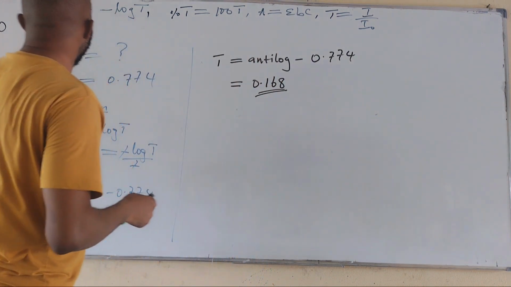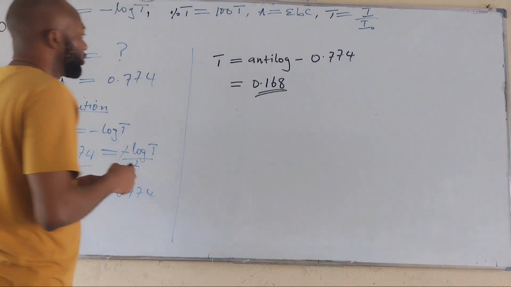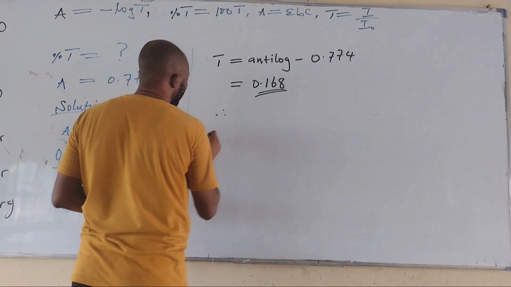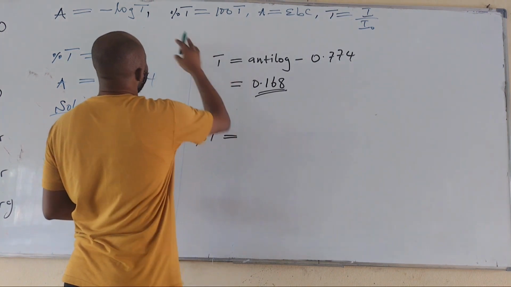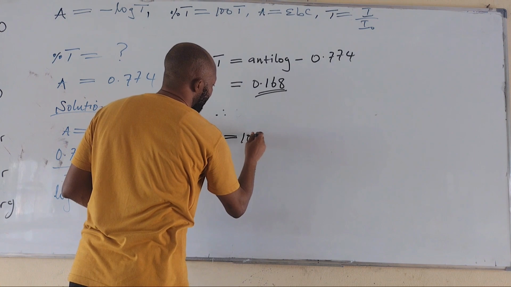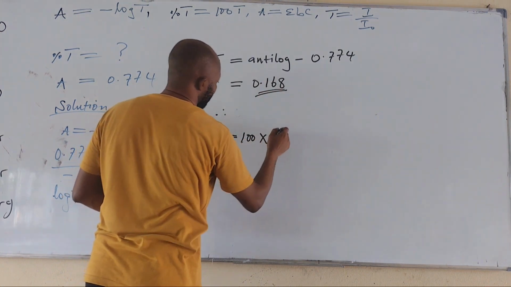But what I'm looking for is percentage transmittance. So, the percentage transmittance is equal to 100 times transmittance.